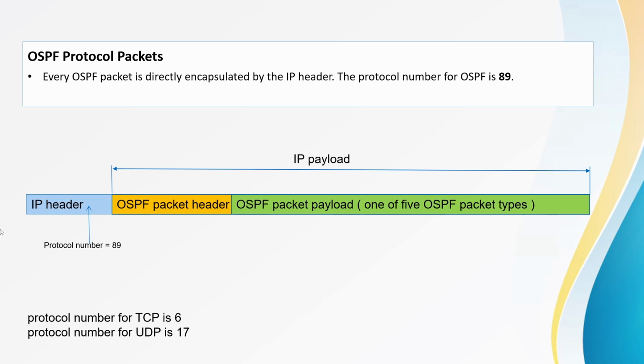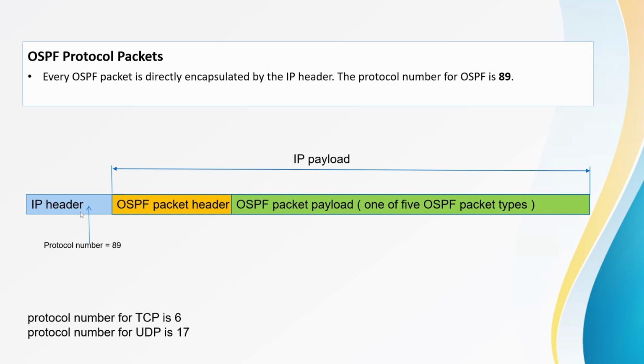Take a look at the diagram below. This diagram illustrates the OSPF packet. The OSPF packet is encapsulated in an IP header. From here you can see the IP header and the IP payload. The OSPF packet resides in the IP payload.